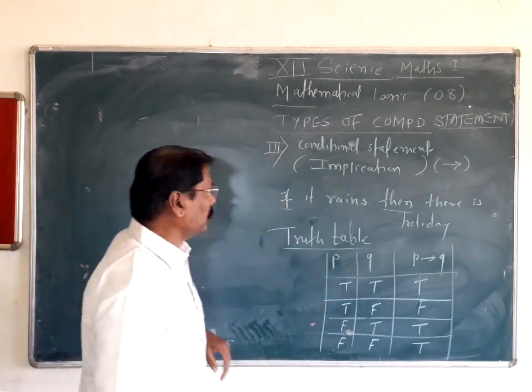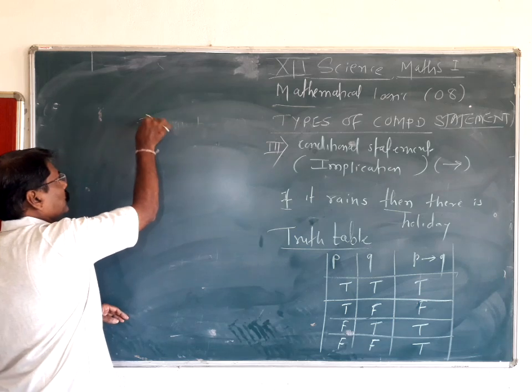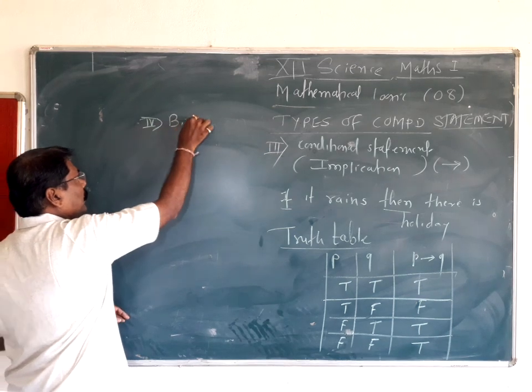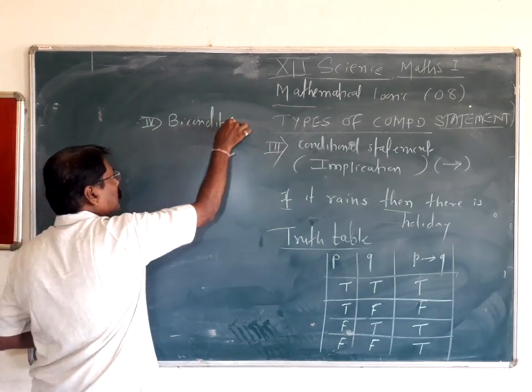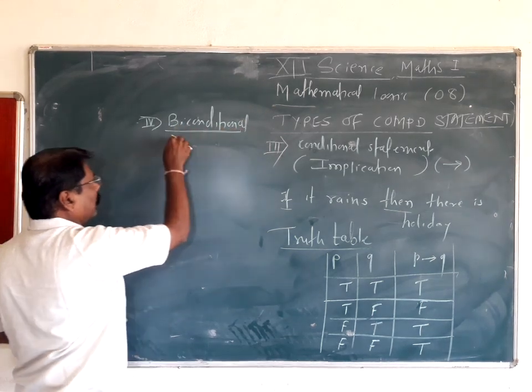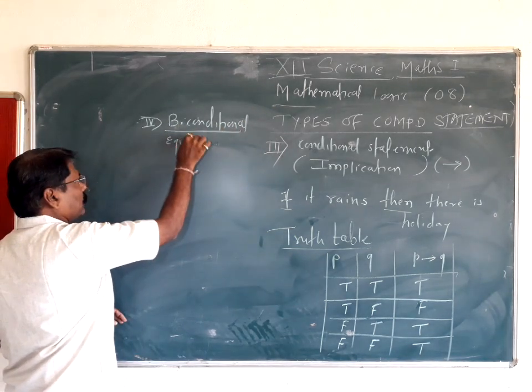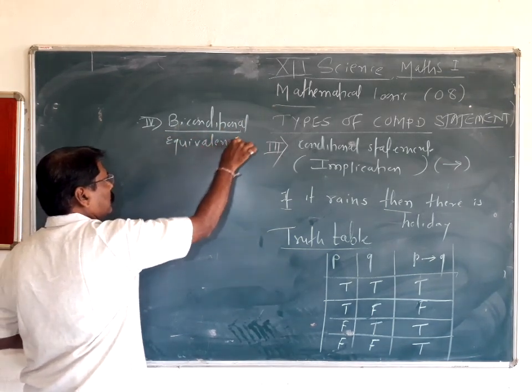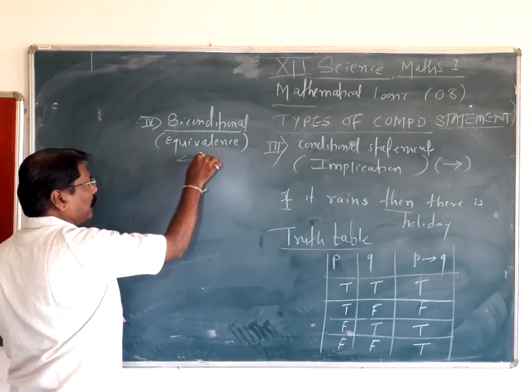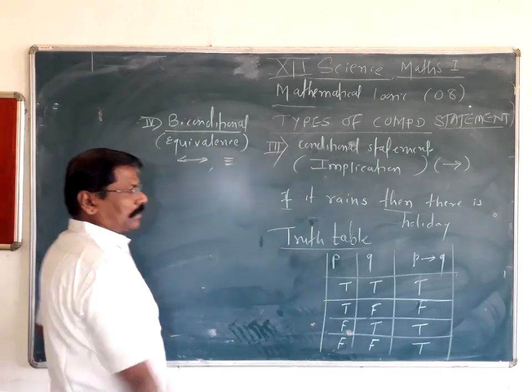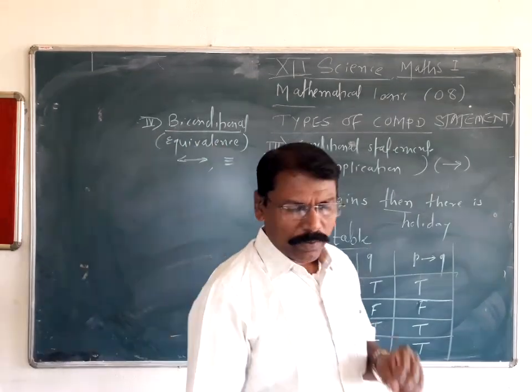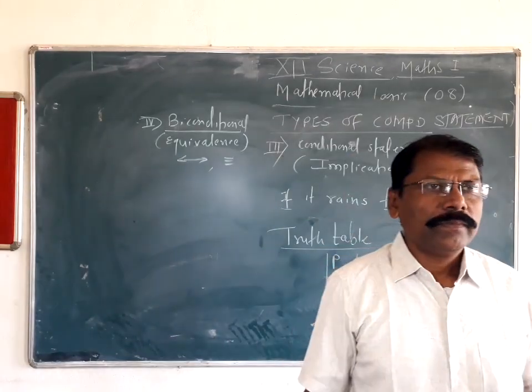Now the fourth, that is the biconditional, or it is called equivalence. It is represented by a double-sided arrow or three lines.